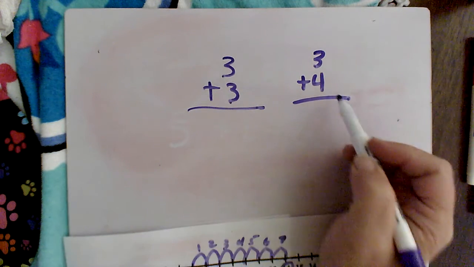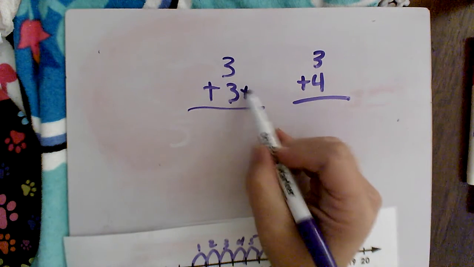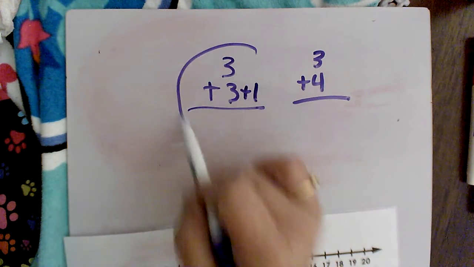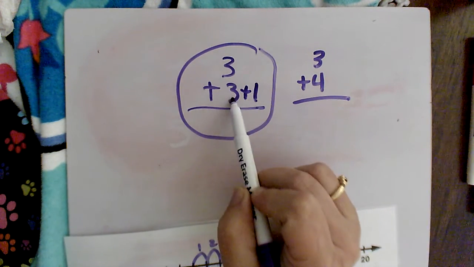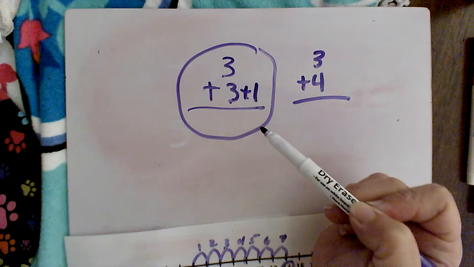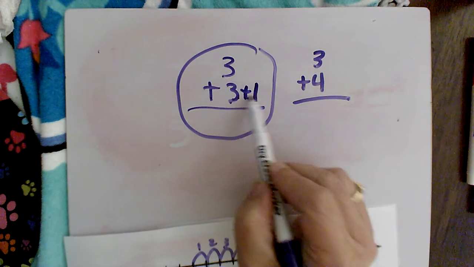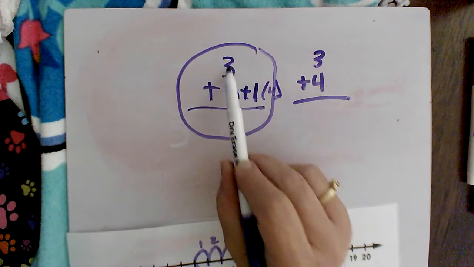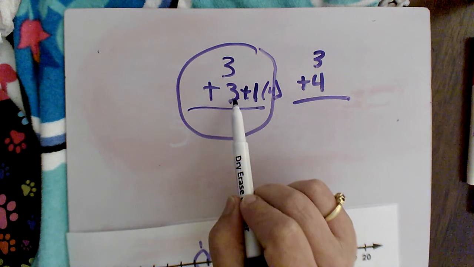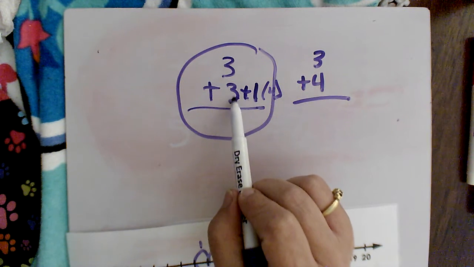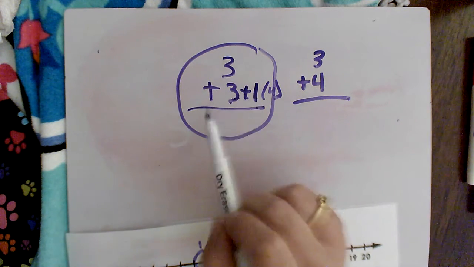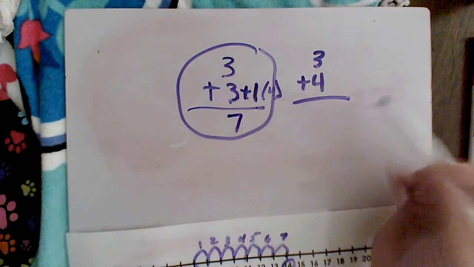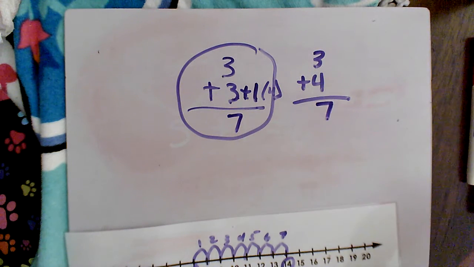If you want to find out this answer, you can do your double and then add 1 more. So 3 and 3, if you know your doubles, 3 plus 3 is 6, plus 1 is 7. And that's the easy way to find out the doubles plus 1.